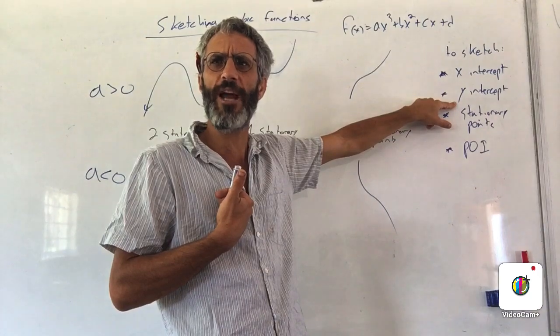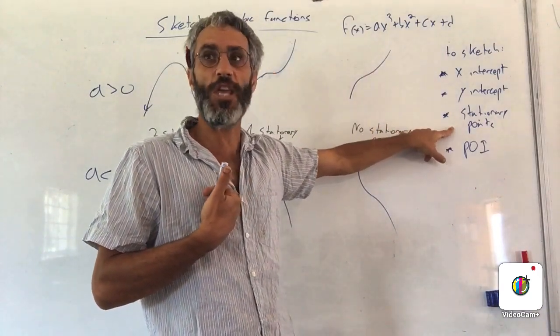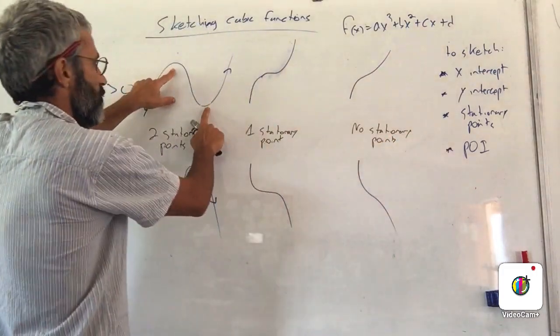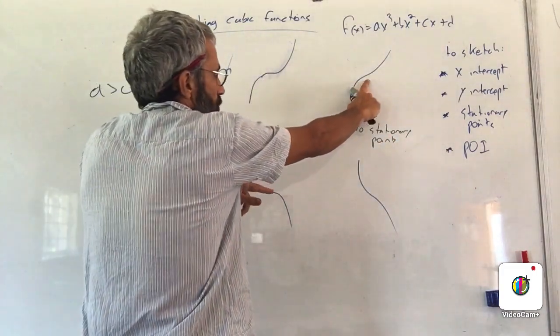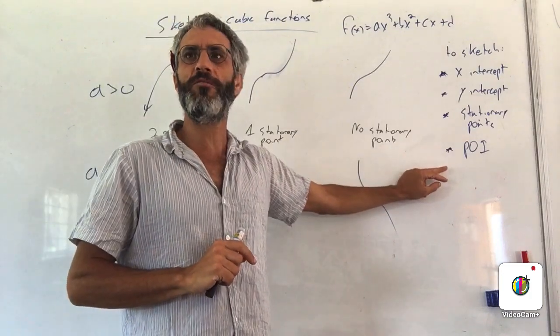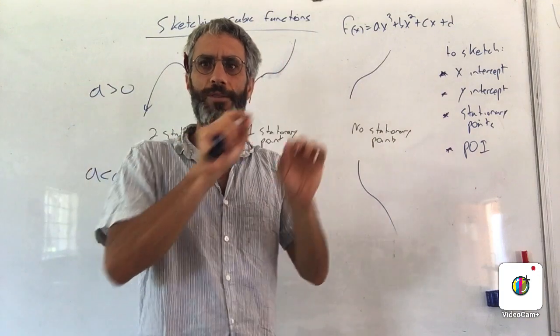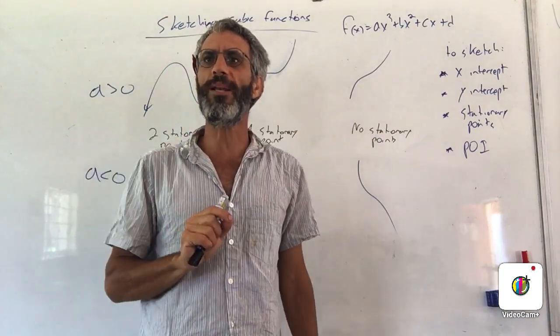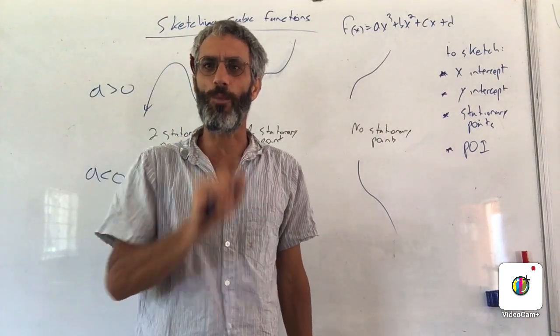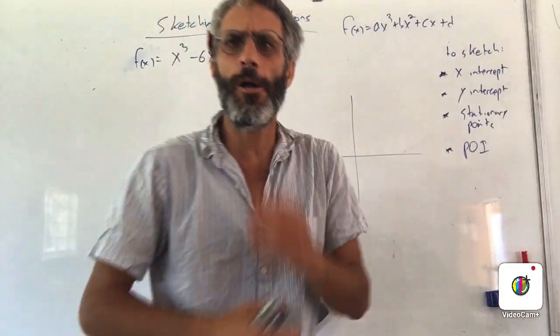How do I find the y-intercept? x equals 0. Then I find the stationary points. Or maybe there is no stationary point, or maybe there's just one. And then finally I find the point of inflection. Once I have all these points, then I'm just going to complete the line. Let's do it.